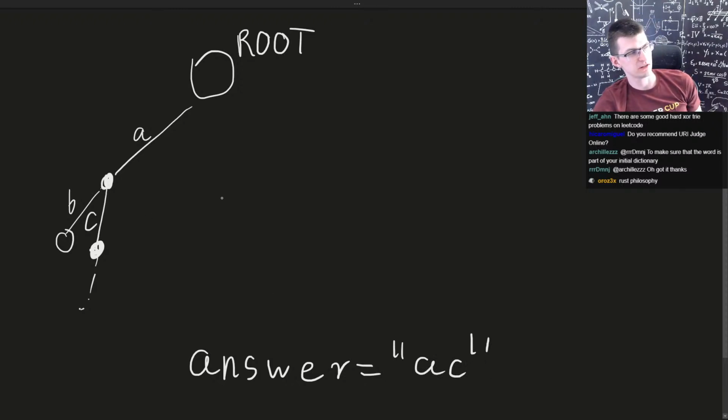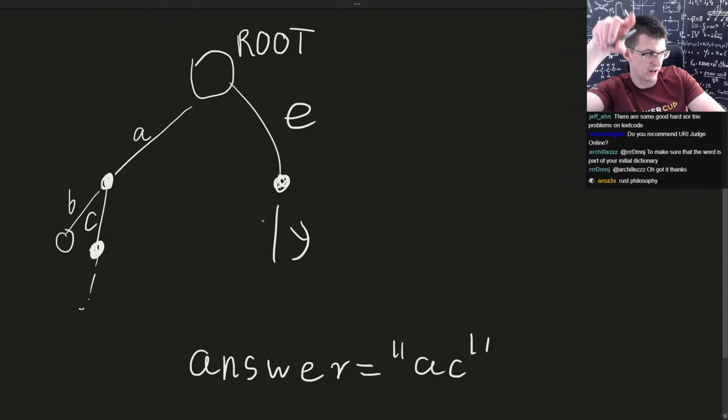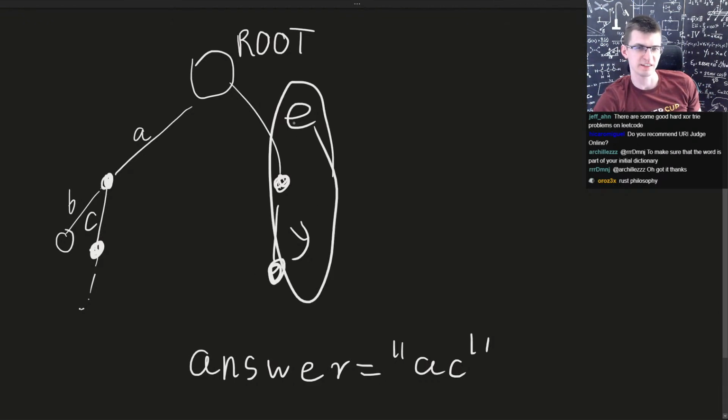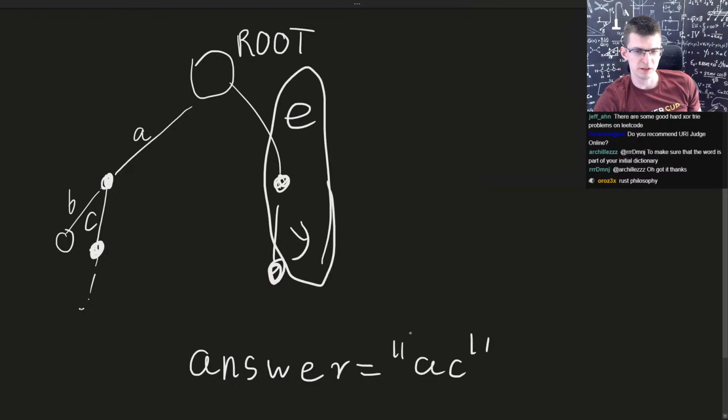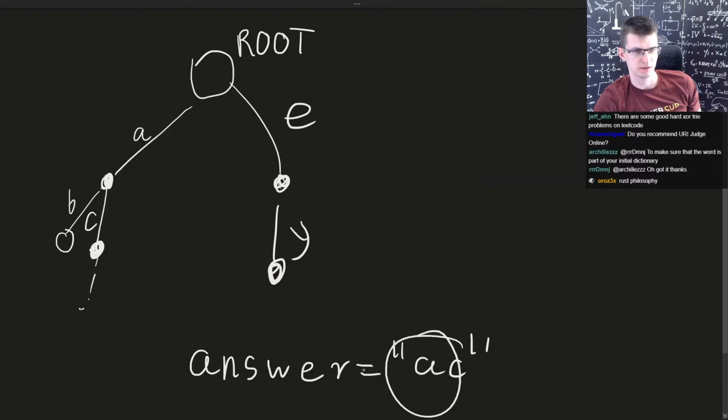And much later, whenever here I'm considering something like AD, AF, AE, or when I'm considering later other edges from the root, like here, I say E, and then Y, let's say there is a word E, E, E, Y, right? I know that this is lexicographically bigger than the previously found AC because of the order of edges I use.